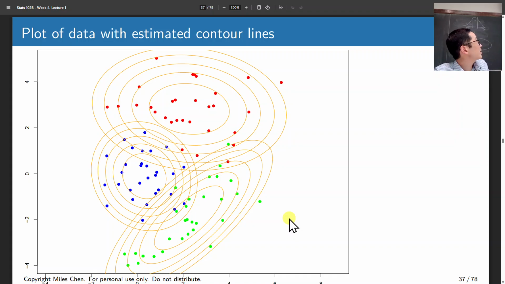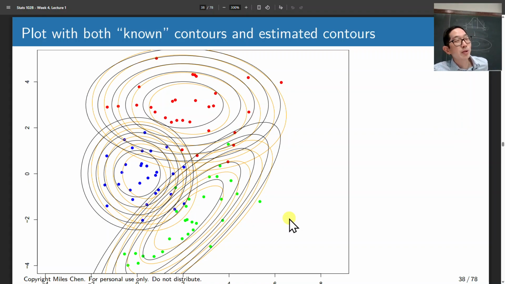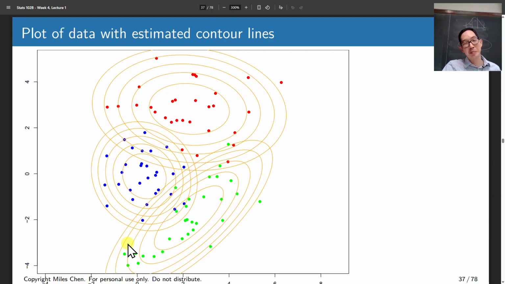And so we're basically going to have to use these orange lines because in real life, you wouldn't know what distribution generated your data, okay? But this is simulated, so we can pretend. But in general, this is what you would have. You would have the values, they come in, they're labeled.